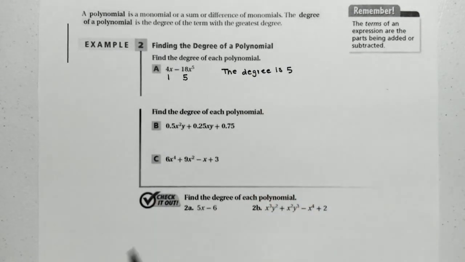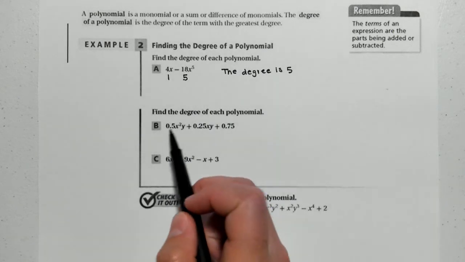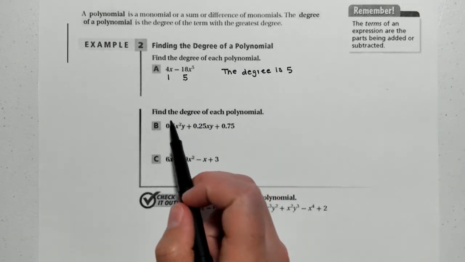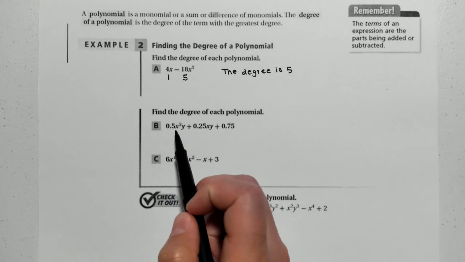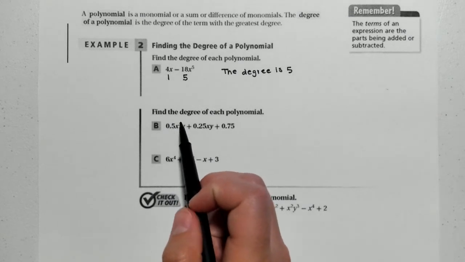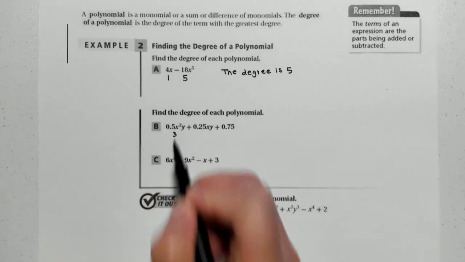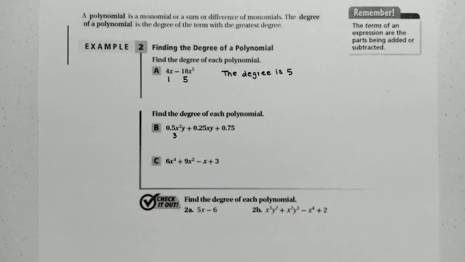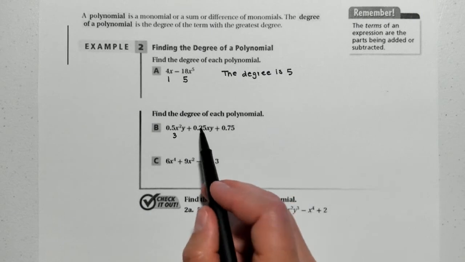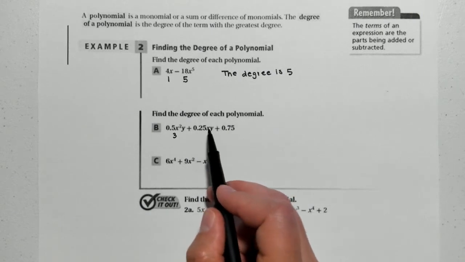Example B, we have 0.5x squared y plus 0.25xy plus 0.75. 0.5x squared y, 0.5 has a degree of 0, x squared is 2, y is 1. So 0 plus 2 plus 1 gives us a degree of 3 for that monomial. 0.25xy, 0.25 has a degree of 0, x is 1, y is 1.